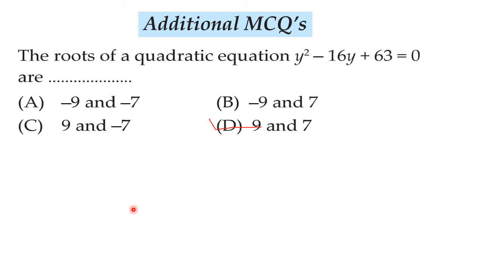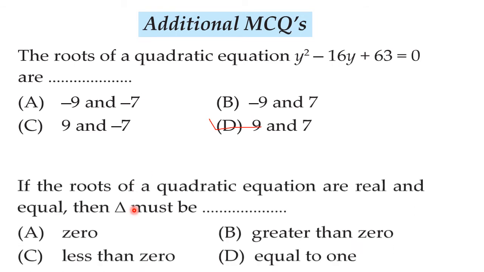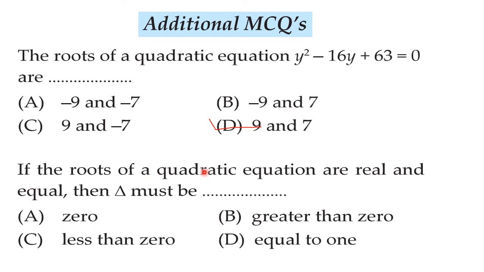Now let's go towards the next one. If the roots of a quadratic equation are real and equal, then delta must be, okay, so it's very easy for you to judge because we have discussed it so many times. Delta means discriminant and has three possible values: positive, negative and 0. If positive, then the roots are real and unequal.